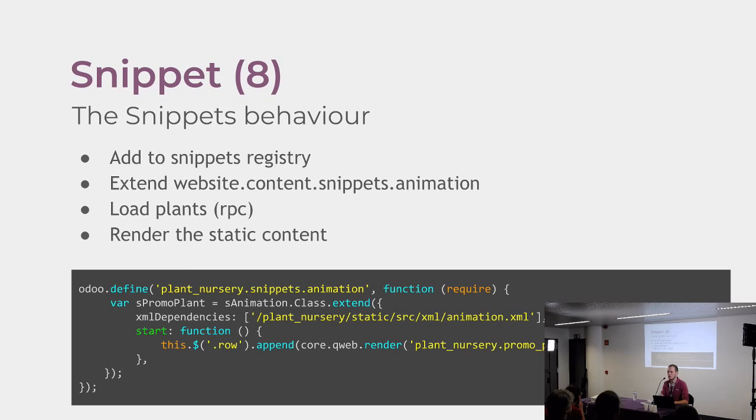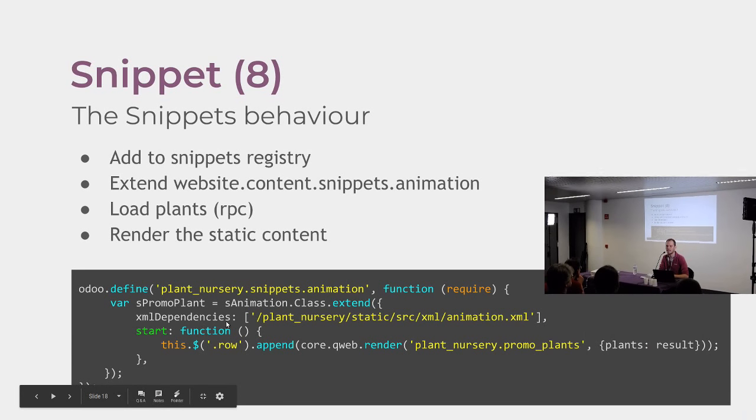And afterwards, we have to, as I mentioned, dynamically extend the basic template that we had. Just before, we had a container with the row, and now we want to add the data we just fetched into the row. So this is what is done here.